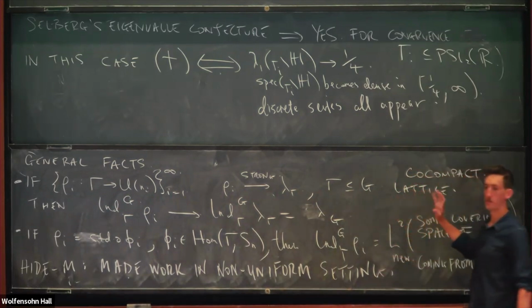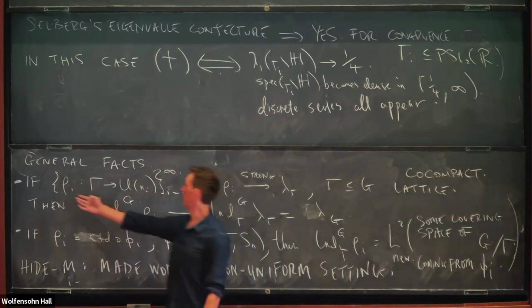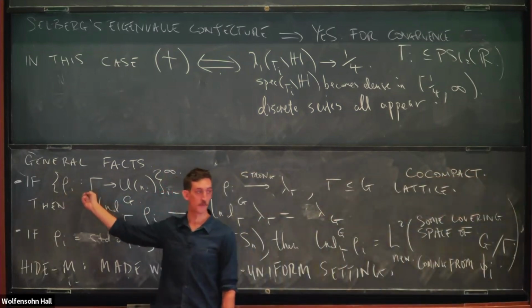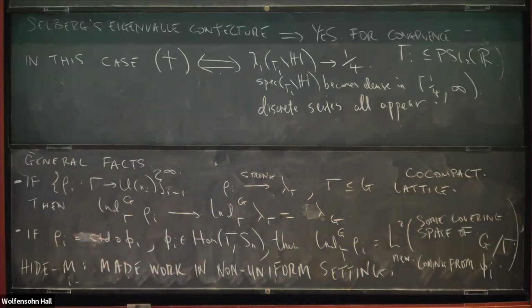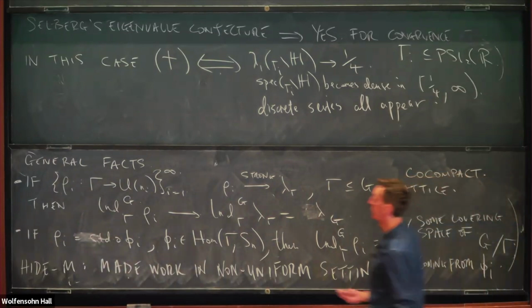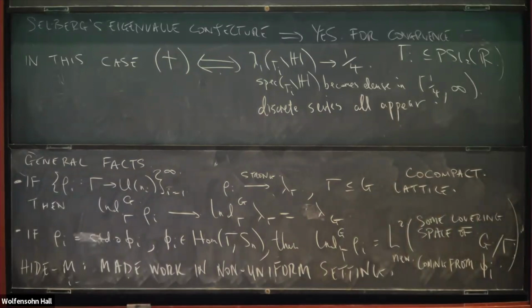So you have this robust mechanism, and to me that gives an impetus to try to provide new examples of representations of lattices in semi-simple Lie groups that strongly converge to the regular representation. I hope it's clear. I want to extend Buser's conjecture to other locally symmetric spaces as far as possible.